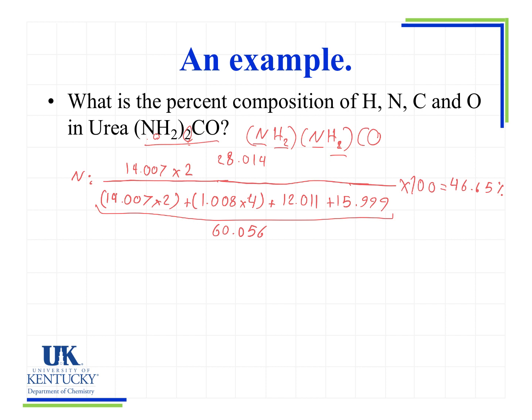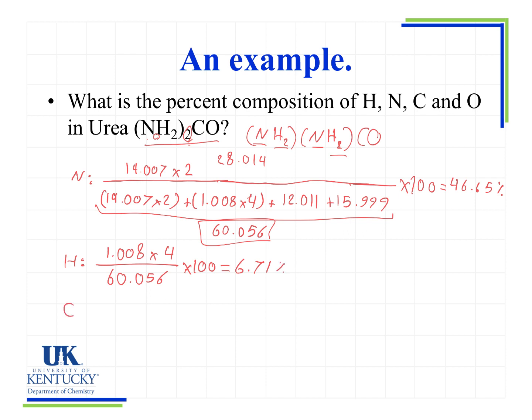Okay, so let's do this for the other ones. For hydrogen, we have the mass of hydrogen 1.008 times 4, and since we already found the molar mass of the compound, I just write the number. So it's 60.056 times 100, and that will be 6.71%.